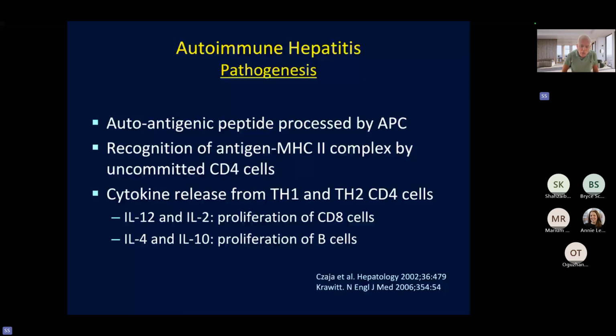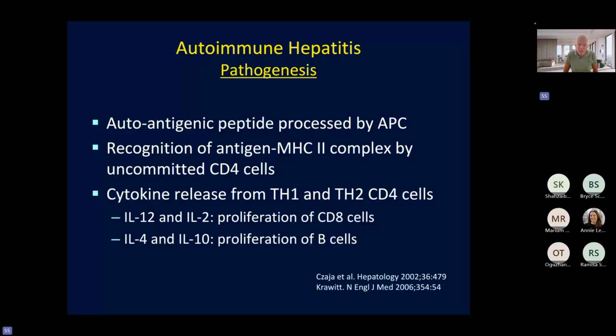So when you develop autoimmune hepatitis, you are reacting against self. So you have an autoantigenic peptide, which is processed by the antigen-presenting cell. This complex of antigen and the MHC2 complex is recognized by uncommitted CD4 lymphocytes.